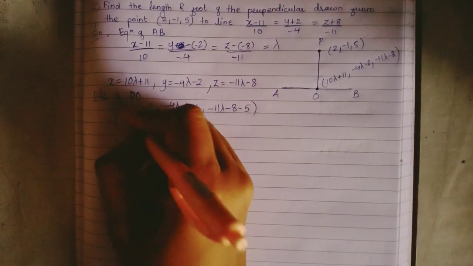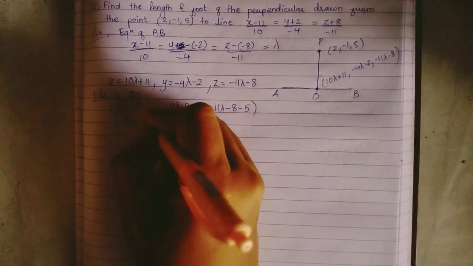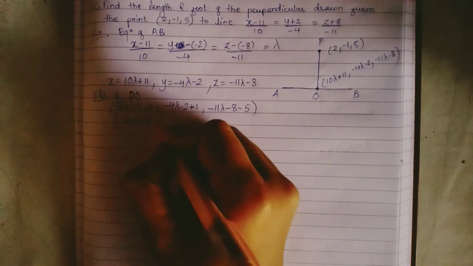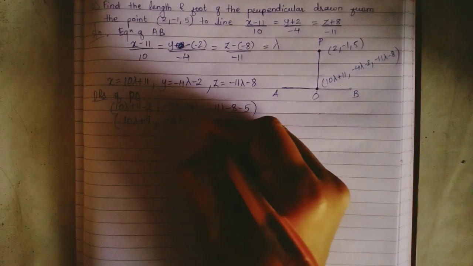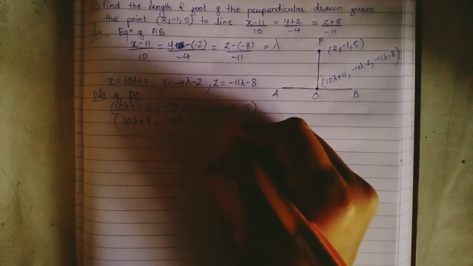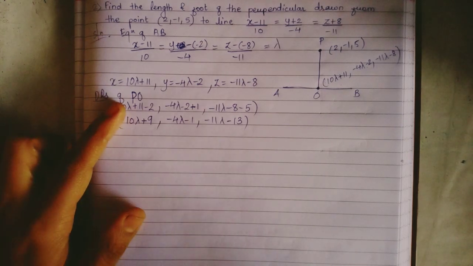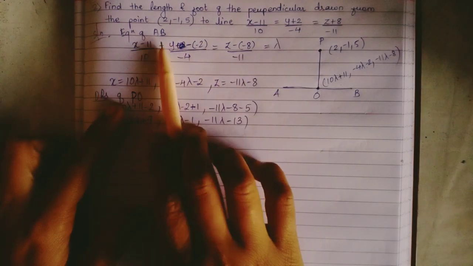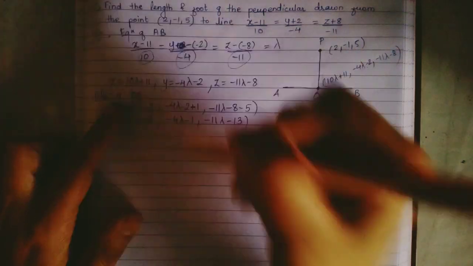So this is 10 lambda plus 9, minus 4 lambda minus 1, minus 11 lambda minus 13. These are the direction ratios of PO. Now we also need the direction ratios of AB. So these are the direction ratios of AB.